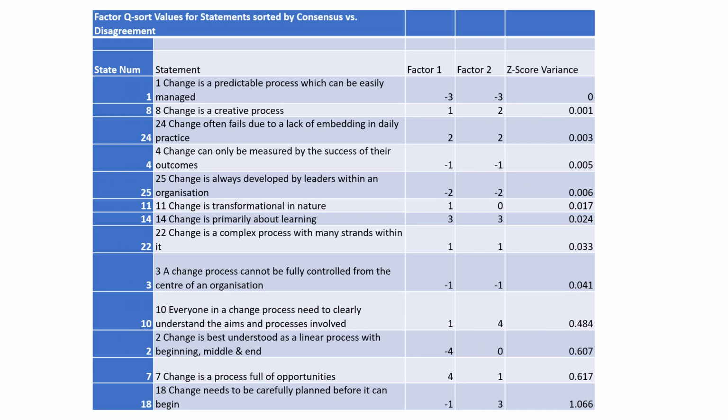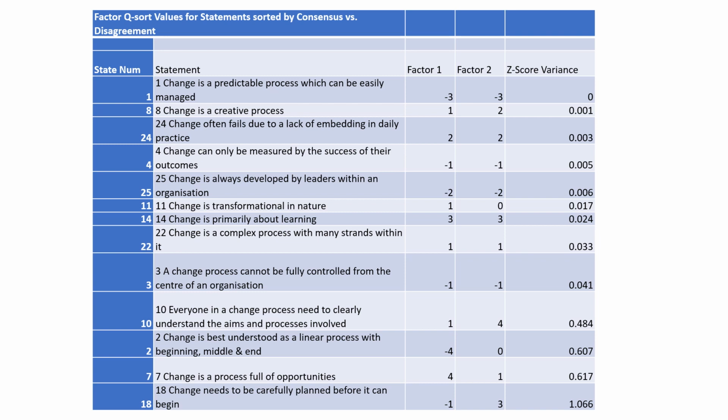Consensus versus disagreement. So again, just looking through, same kind of idea. Change is a predictable process which can be easily managed. Both of them -3, so there's a lot of agreement there. Whereas, as we said before, change needs to be carefully planned before it can begin. Very, very big difference.